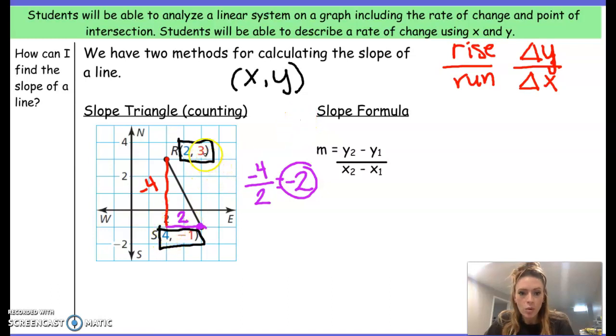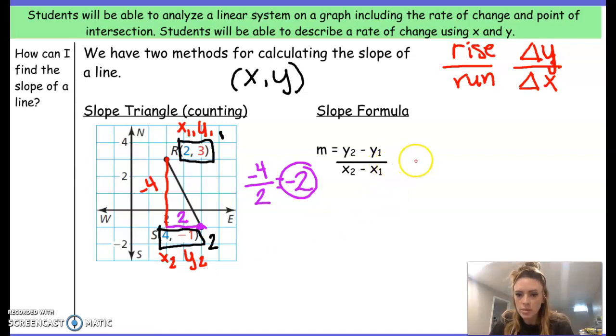So we can pick this to be point 1, and we can pick this to be point 2. I can label this X sub 1 and Y sub 1, and this one X sub 2 and Y sub 2.